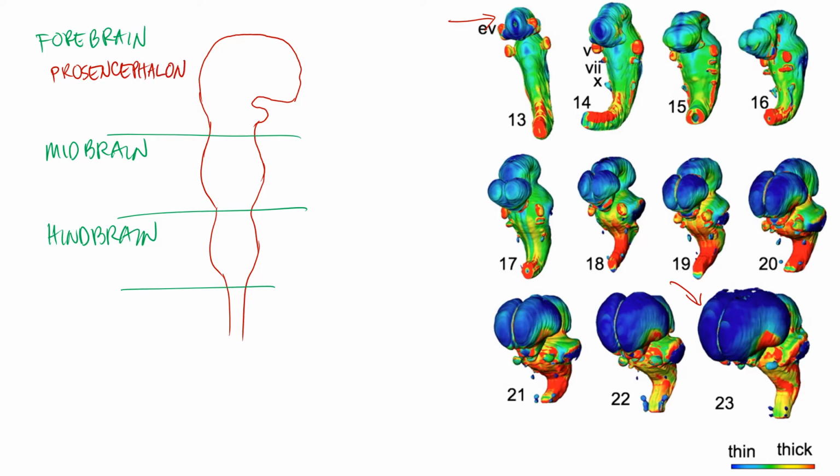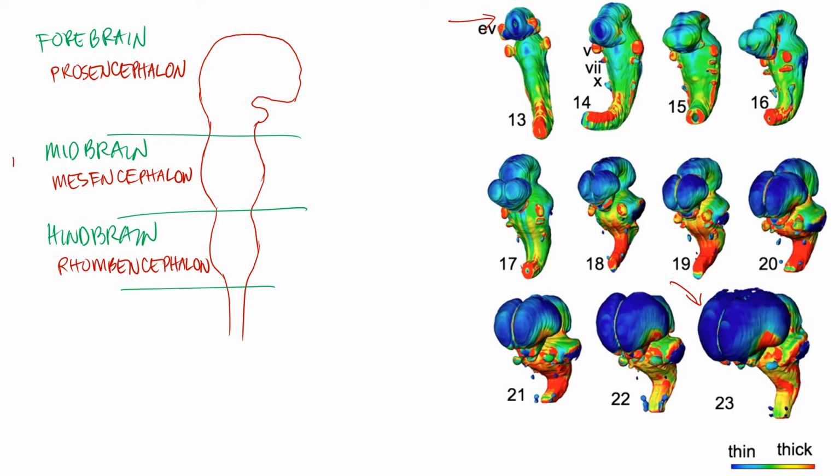Your midbrain is your mesencephalon. Your hindbrain is called your rhombencephalon. Okay, so that's your forebrain, midbrain, and hindbrain.